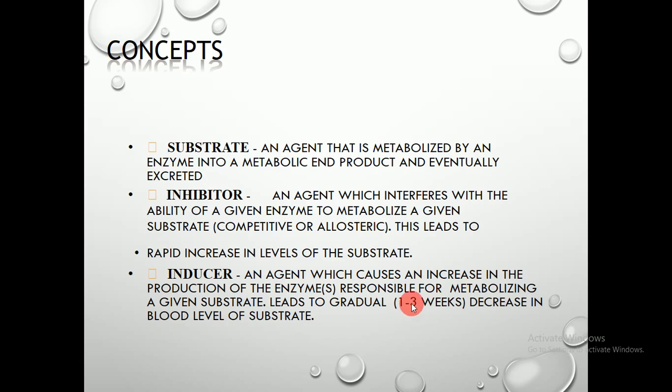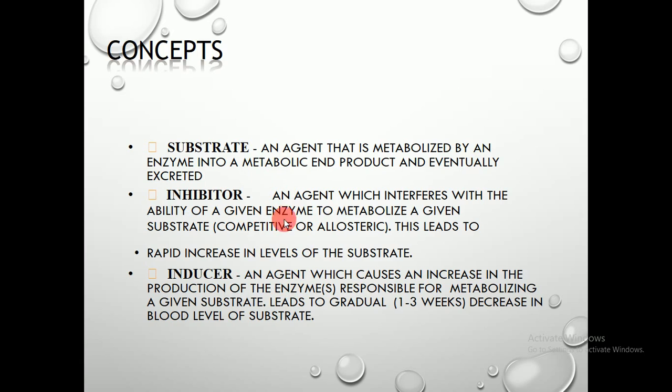The inducer is responsible for metabolizing a given substrate, leading to a gradual decrease in the blood level of the substrate over one to three weeks. So the inducer causes a decrease in the blood level of the substrate, while the inhibitor leads to a rapid increase in the level of the substrate.